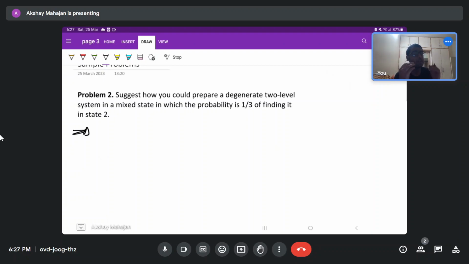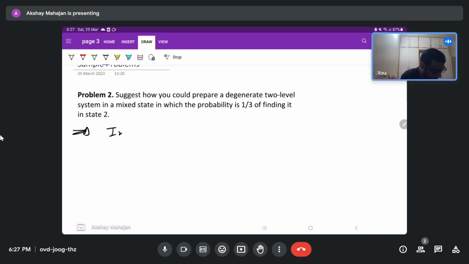We provide some perturbation up to a fixed time, and from Rabi's formula we know the probability P2 of t. Whatever P2 composition we want at the end, we equate it to Rabi's formula and find the time up to which we have to apply the perturbation. So the procedure is the same.